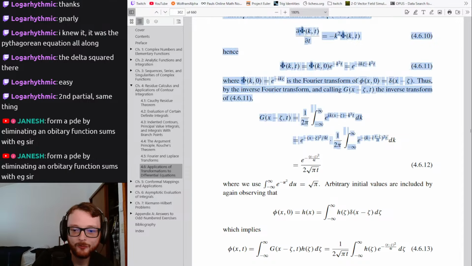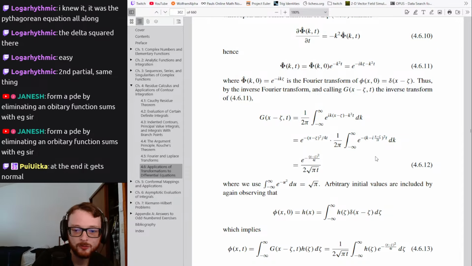So you're just left with e to the minus k minus something squared. Why is the t outside? Is that causing an issue? I think that's fine. Yeah, that's fine. Which means we divide by t there. And then you can use this known result. Okay, I think I get where this comes from now.